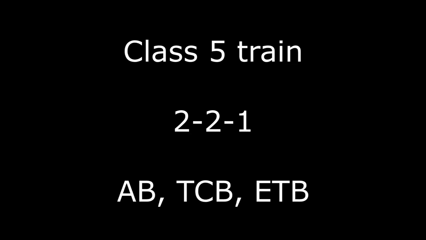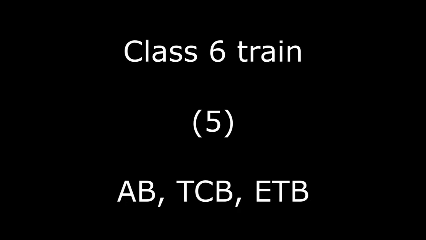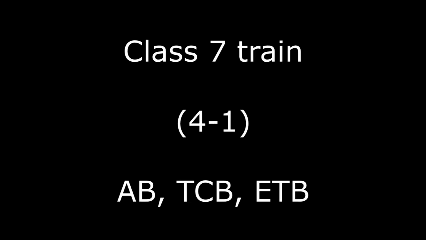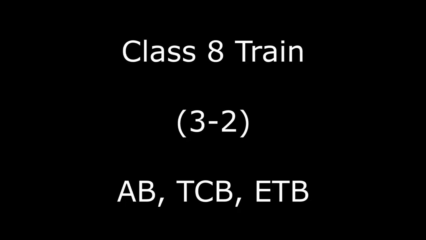A class 5 train is 2 pause 2 pause 1. A class 6 train is 5. A class 7 train is a 4 pause 1. A class 8 train is 3 pause 2.